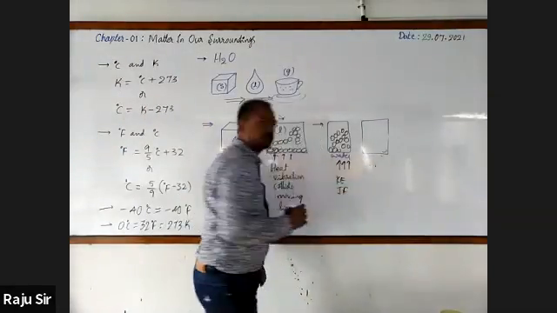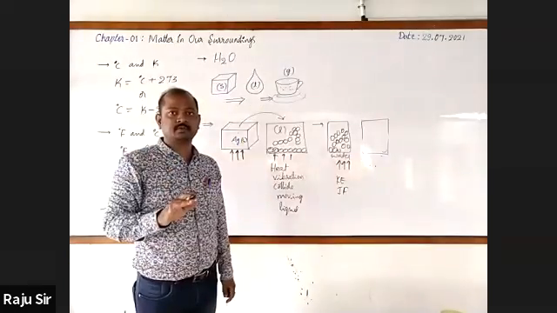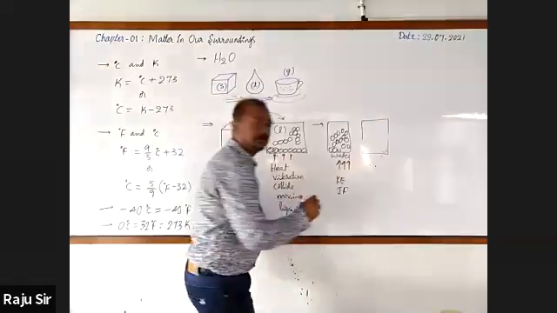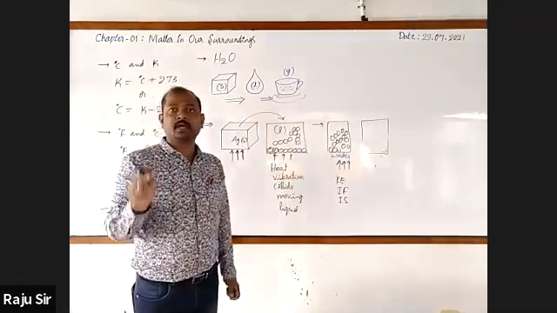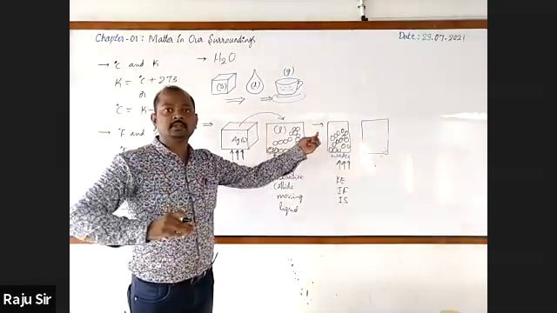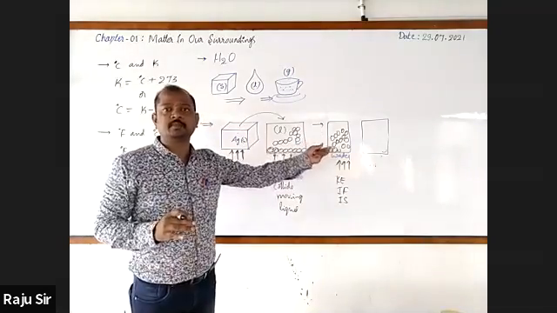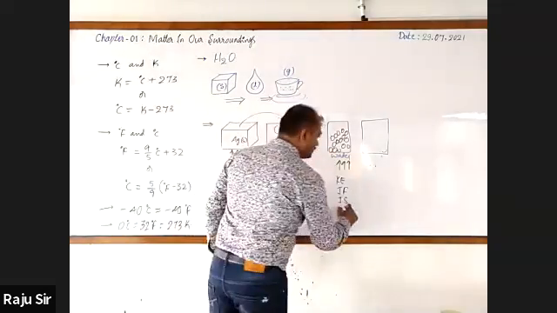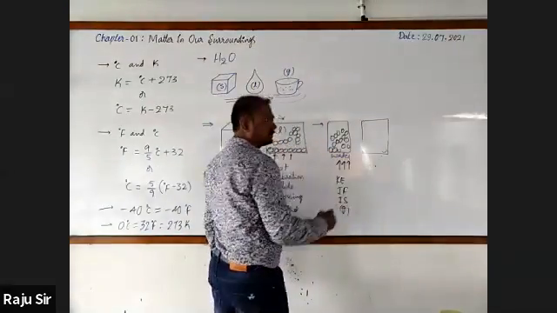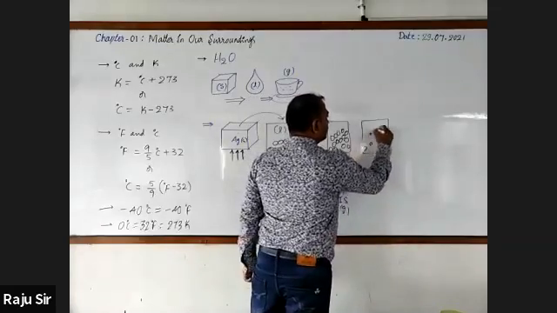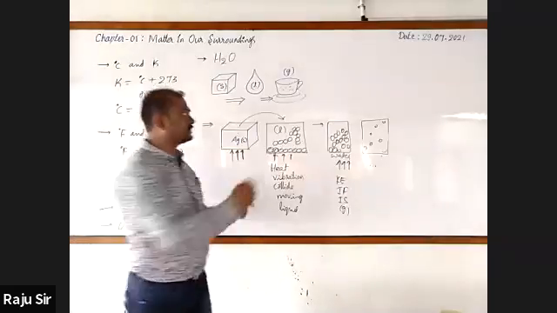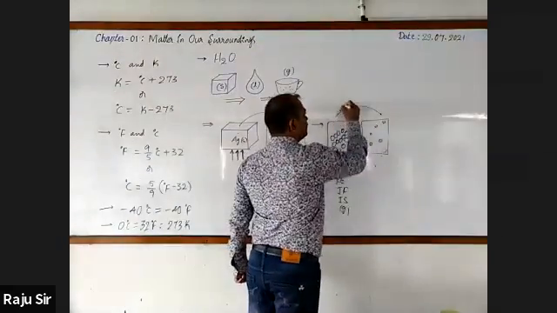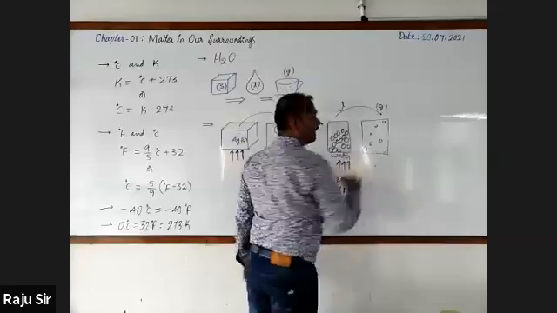Intermolecular force reduces. Due to this, intermolecular space increases. And at one stage, these particles become the particles of gas. Then they start moving freely. Clear? So this is how liquid is converted into gas.